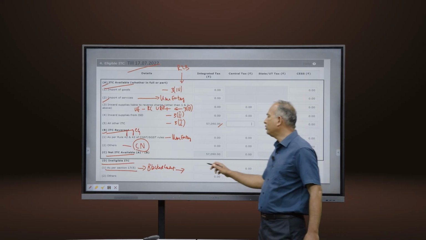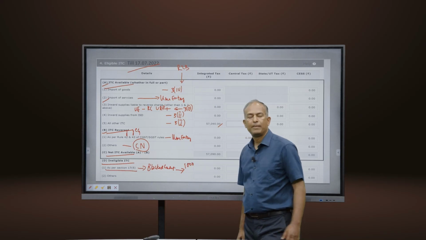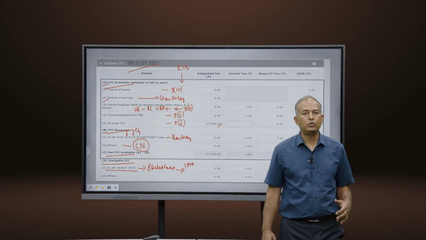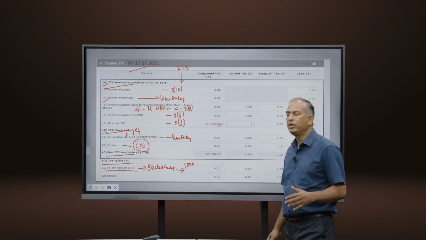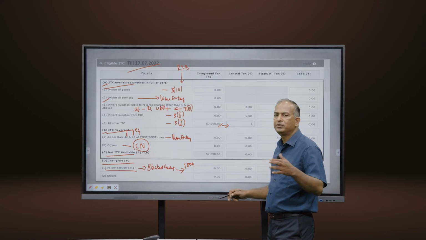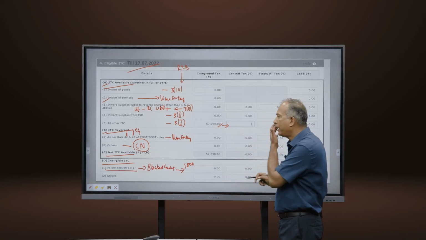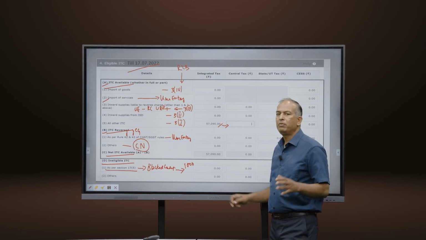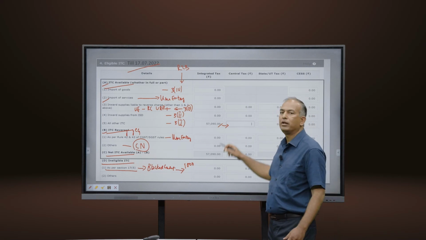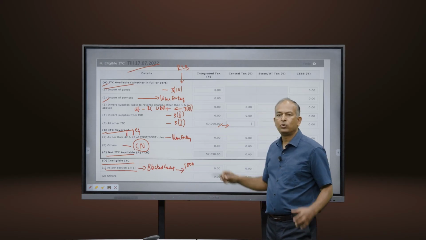Now, say the blocked credit in this particular month was 1,000 rupees. This has auto-populated, let us say from GSTR 2B, or it came in from 2A, whatever was there during those periods of time. There were two different methods in which taxpayers reflected this information. 57,090 was the total credit that was there.